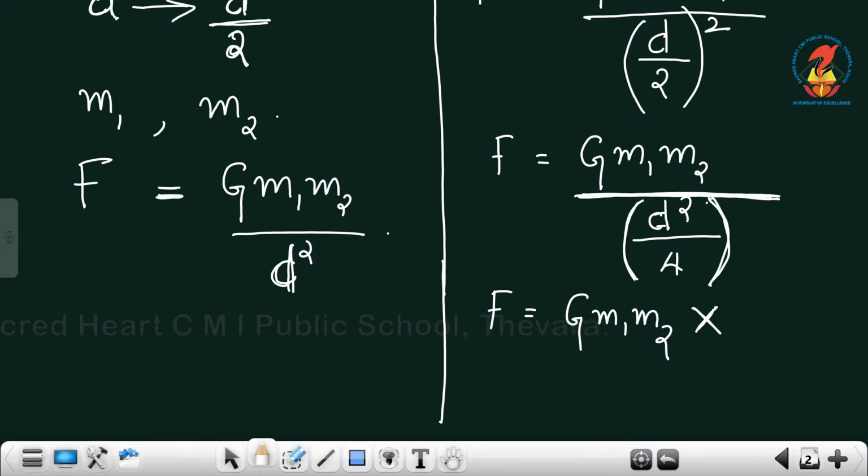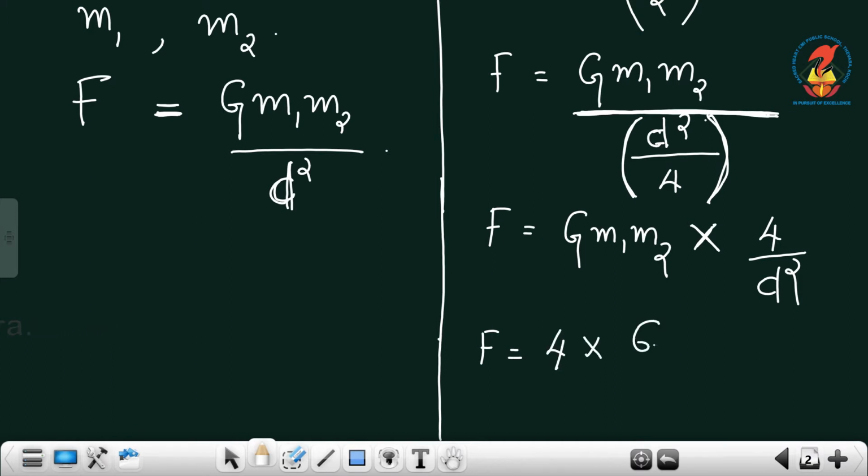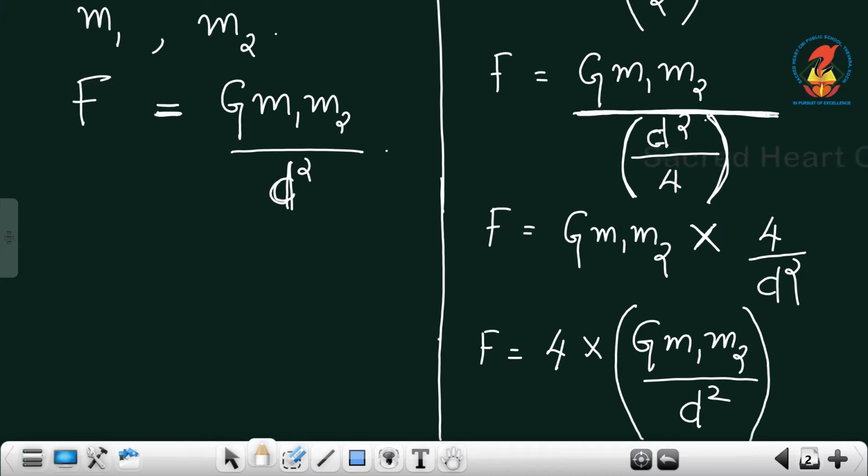The reciprocal of d square by 4 is just the ulta, that is 4 by d square. That is F is equal to 4 into G m1 m2 by d square. So this is the formula to find force.